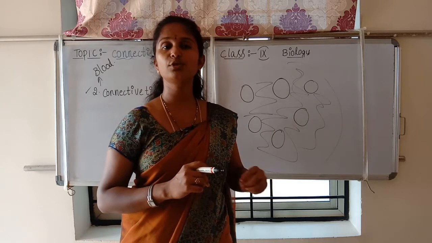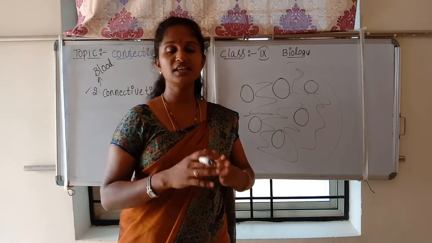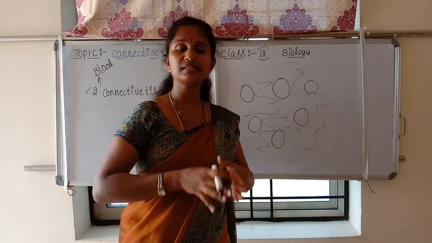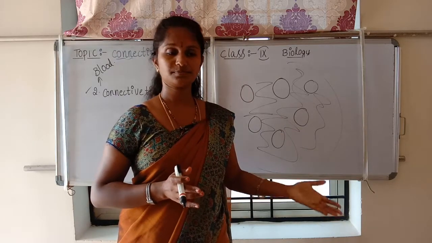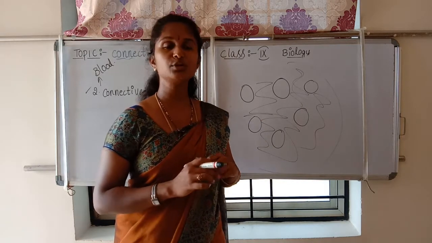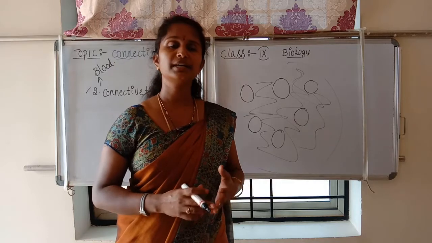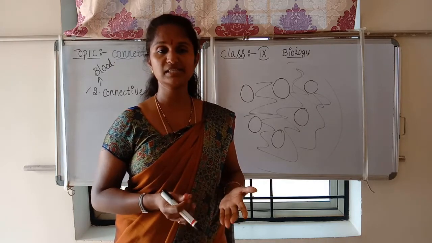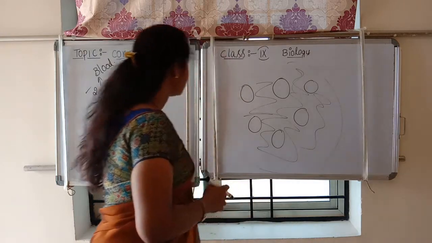That jelly-like fluid, the matrix, may be dense or rigid. That we call connective tissue. First we will learn about blood: what does blood do, how many types of blood cells are there, and what are they? Now we are going to see.